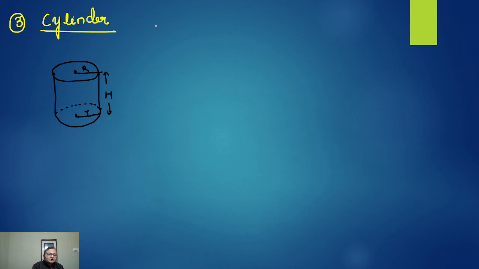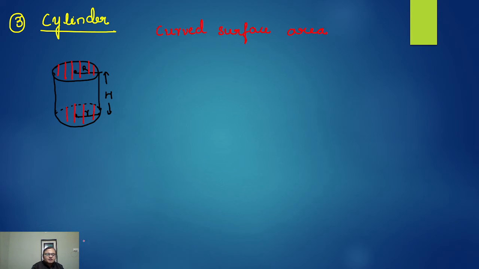First we will consider curved surface area. Only curved surface area means leaving the top and bottom. Leaving the top and bottom, what we have is curved surface area.